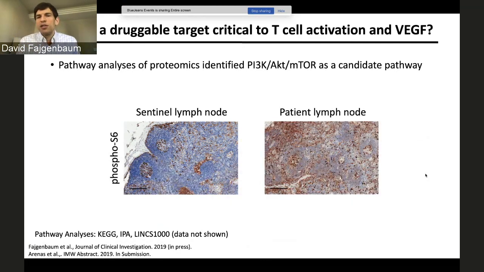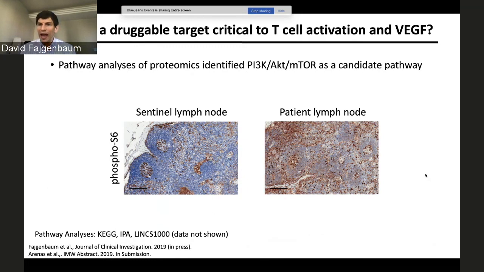Then you can see this patient's lymph node, and it's really the inverse. It's a tremendous amount of mTOR activation all throughout the lymph node, but in particular in the interfollicular spaces, between these follicles.